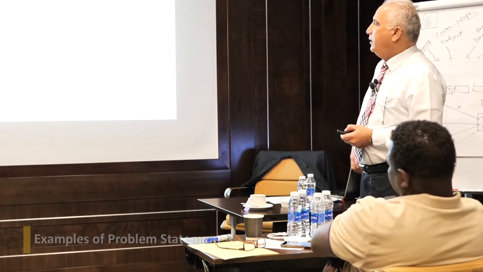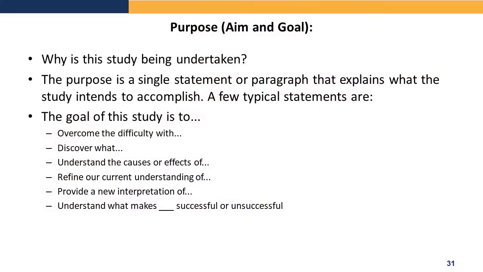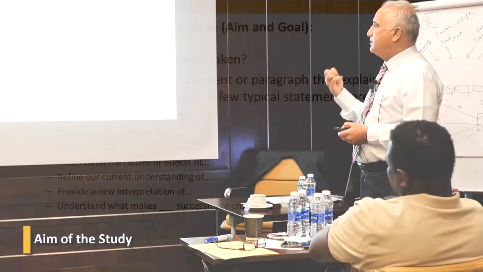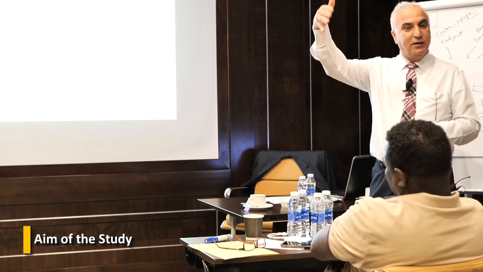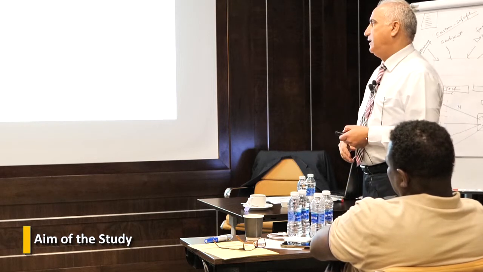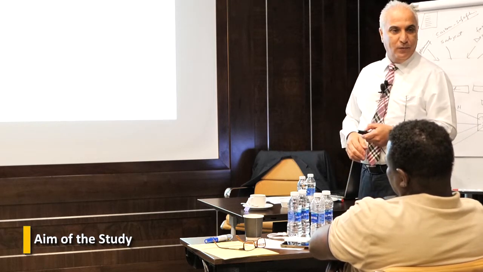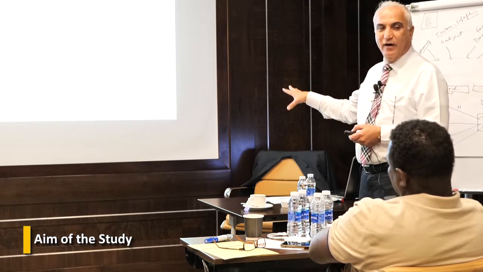Now, an aim is what we call a general statement, which says the purpose of this study is, in one sentence, basically taking the three objectives and putting them in a general statement. You can put it in bullet points. No, you don't put it in bullets. It's a paragraph. I'll show it to you.